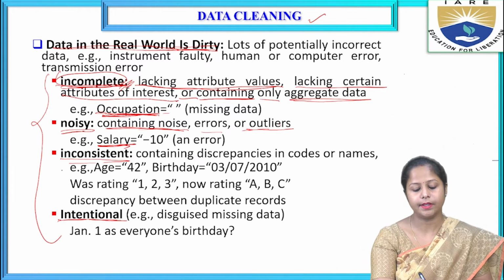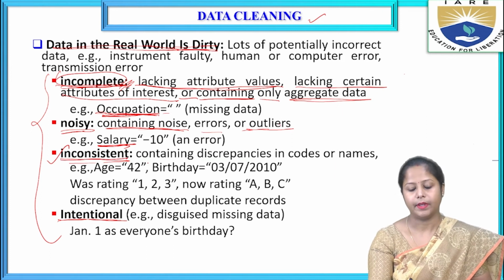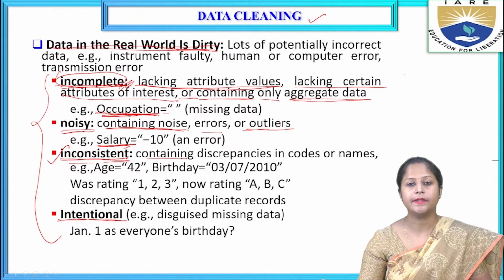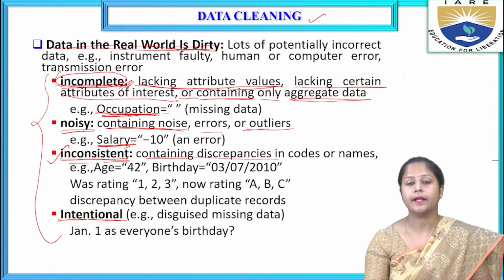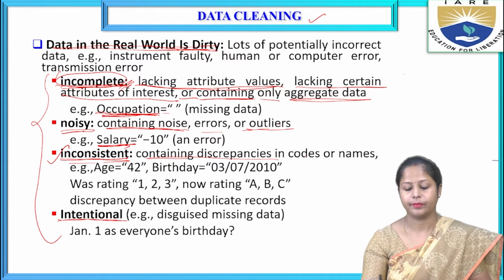Next is inconsistent data. Inconsistent data contains discrepancies in codes or names. Let us check an example.